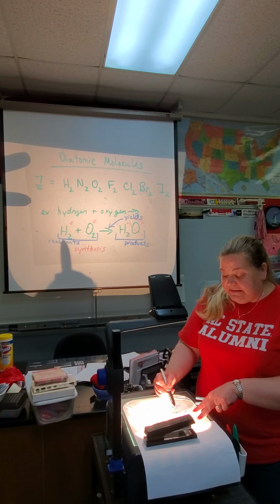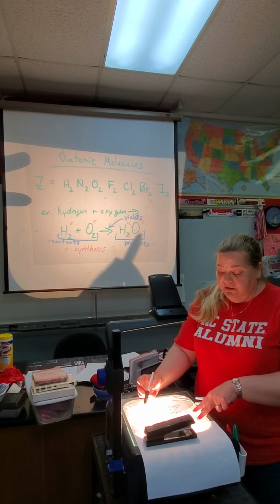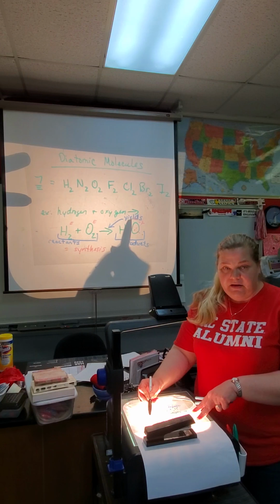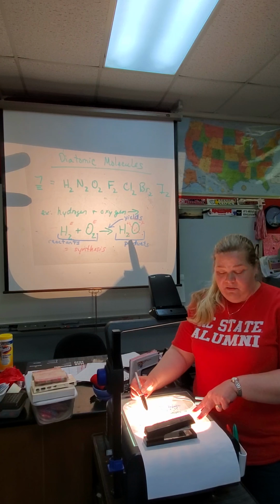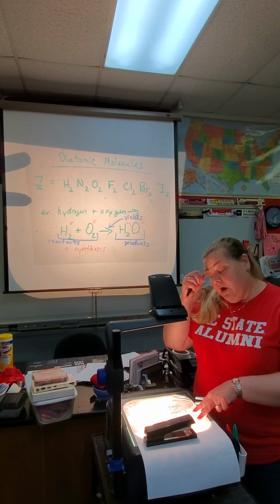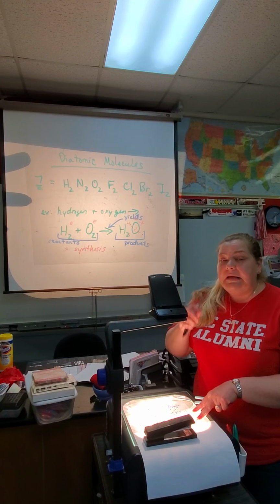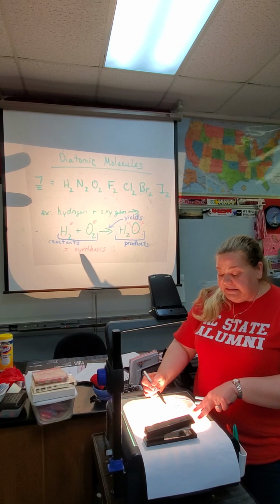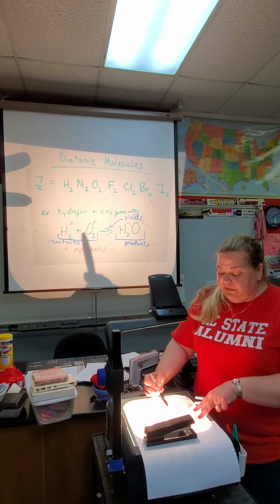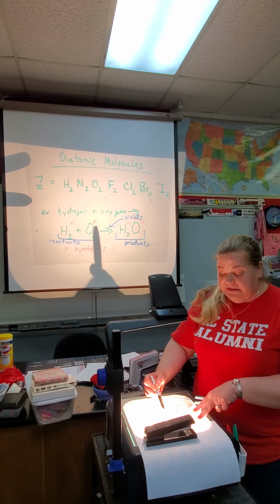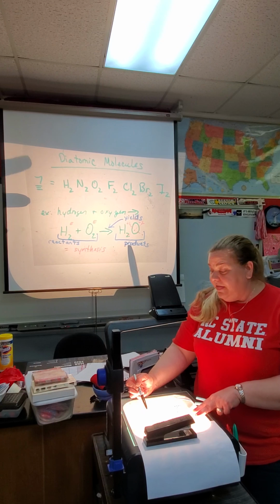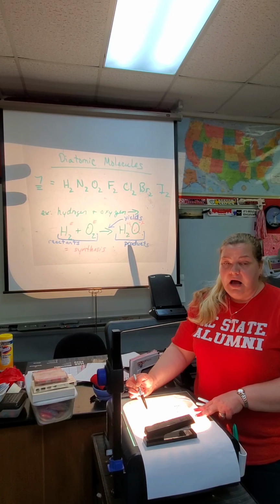Your reactants is what reacts together to form, meaning yields, a compound. So this is the way that you would write the chemical equation. And this is an example of a synthesis because you have two things, two elements, come together to form one thing, which is a compound.